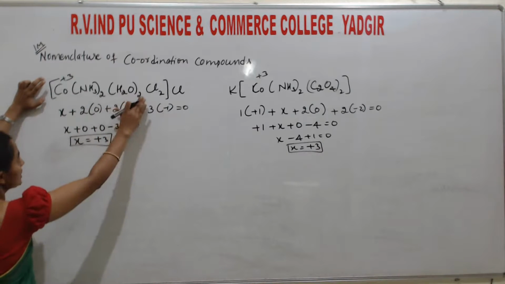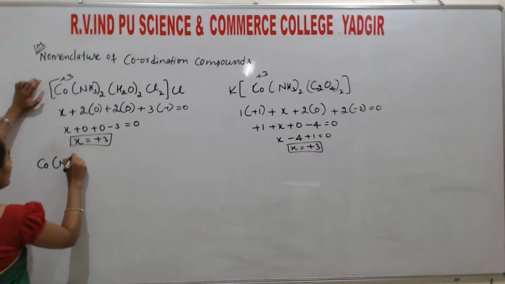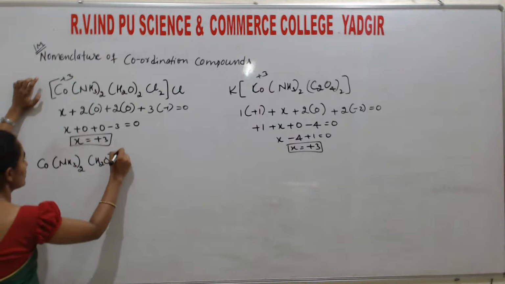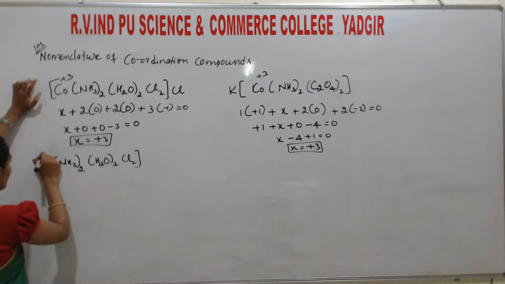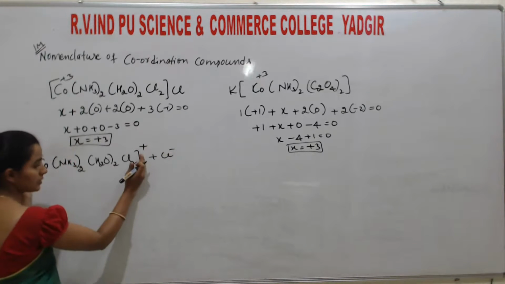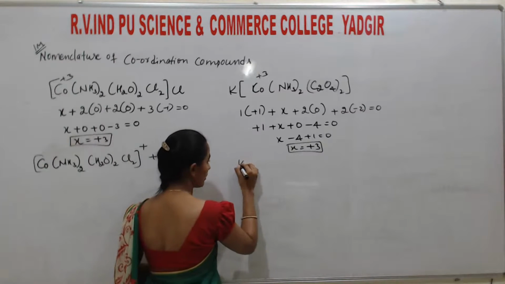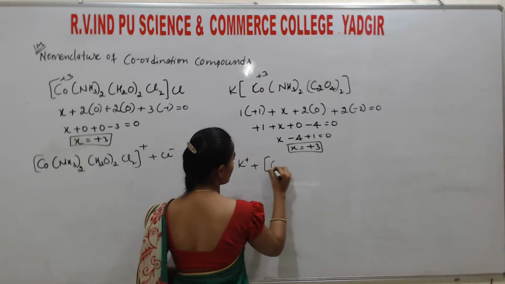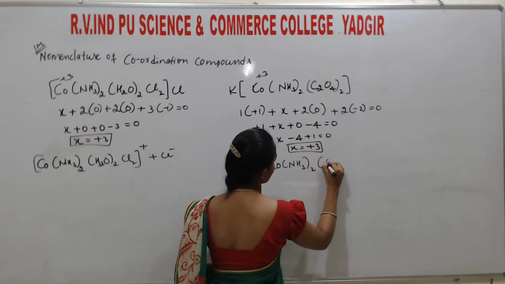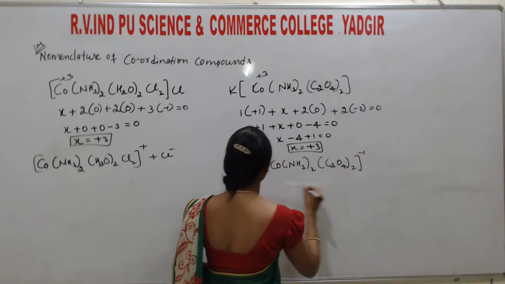If you dissociate this, it is dissociated into what? Co, NH3 2 times, H2O 2 times, Cl2 plus Cl minus. So this is dissociated as what? Cation. So here K plus, Co NH3 2 times, C2O4 twice, minus 1.